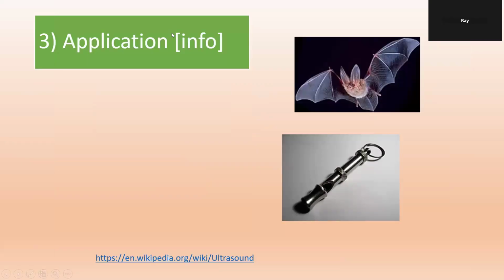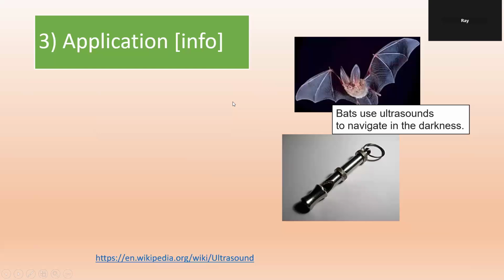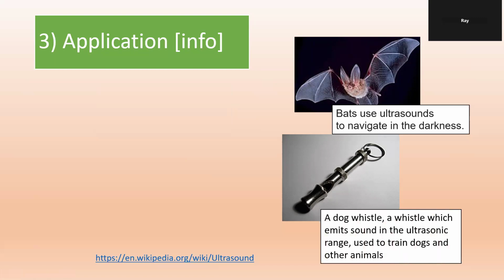Right, these are applications. Don't want to study, don't study, just for your info only, extra knowledge only. Bats use ultrasound to navigate in darkness. Dog whistle, a whistle which emits sound in ultrasound range, used to train dogs and other animals.